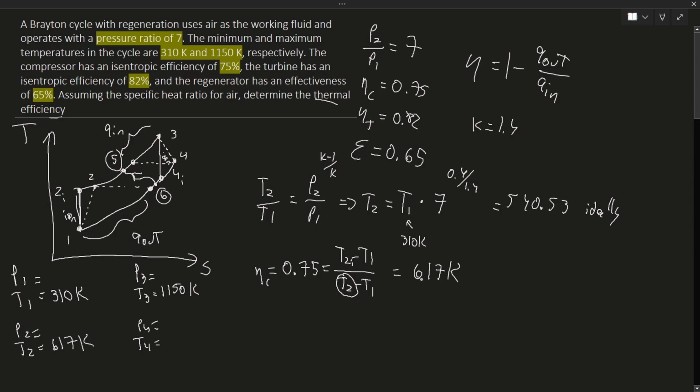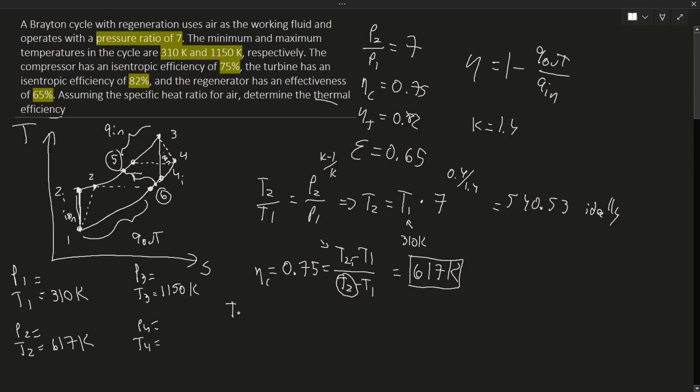If you get something lower than T1, you messed up the numerators. Since it's not 100% efficiency, you gain some heat, so the actual T2 has to be more than the ideal T2.